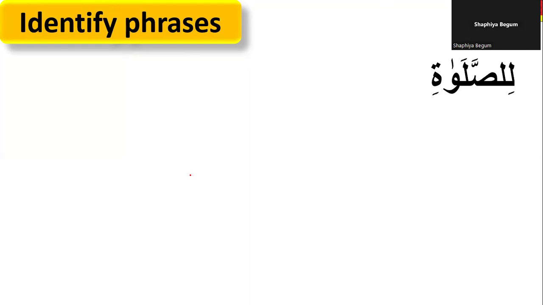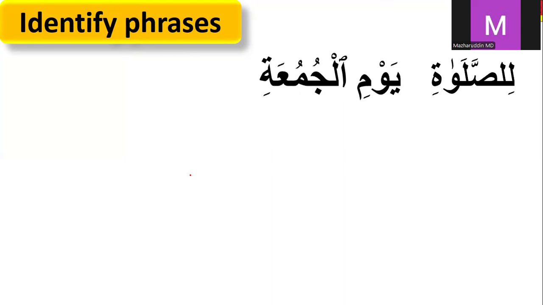So, Murakkab Jari. Li is a preposition, as-salati is ism majroor. Then Yawmil Jum'ati. What phrase? Yes, Murakkab Idafi.